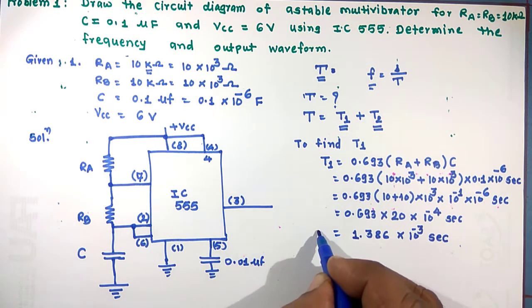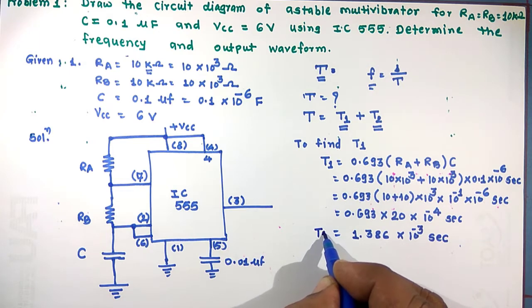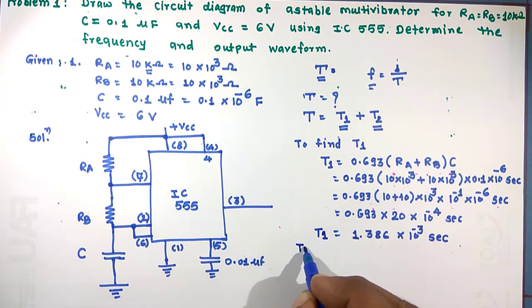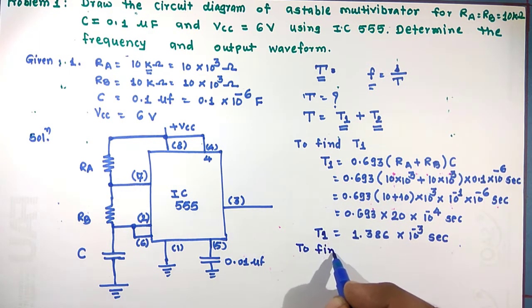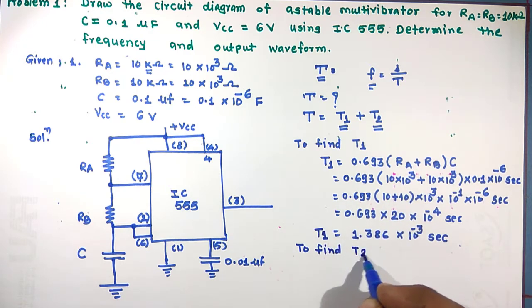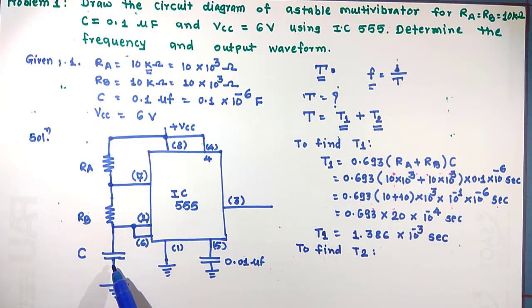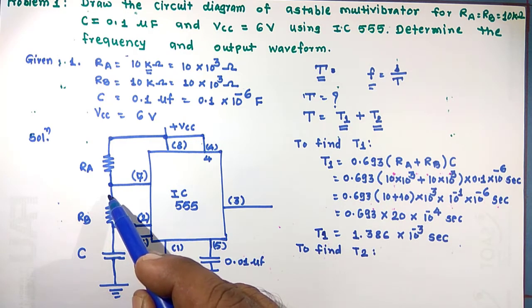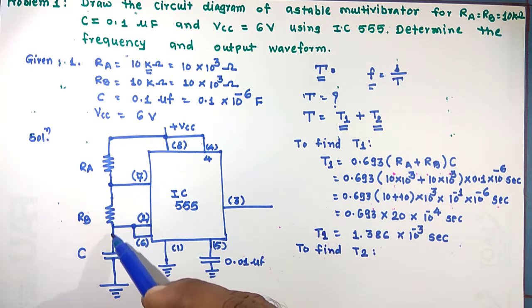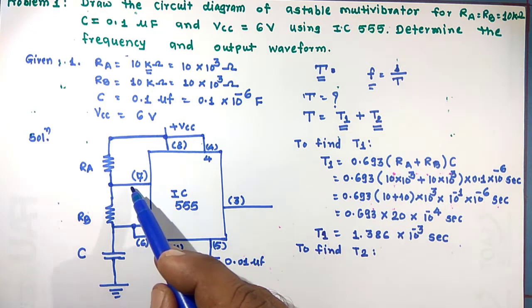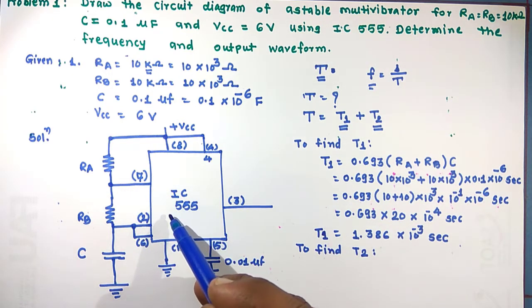Now let us find T2. T2 is the time of discharge of a capacitor, and this capacitor will discharge with this path. Capacitor will discharge through RB through the discharge transistor inside the IC 555.